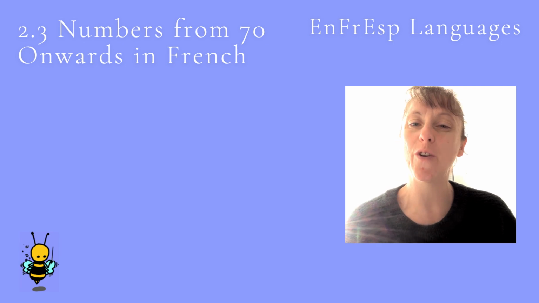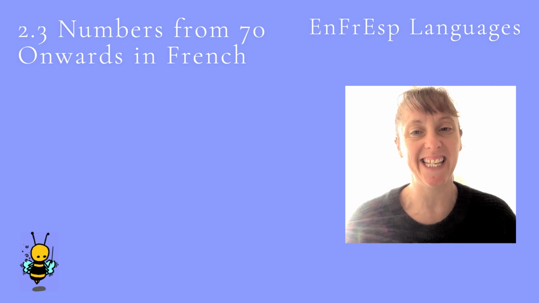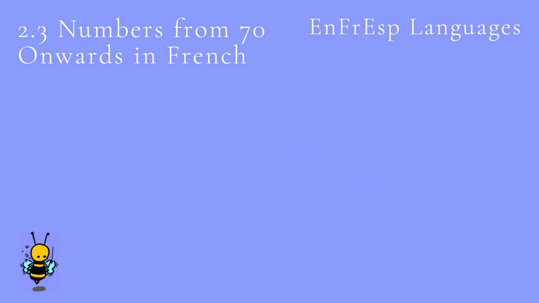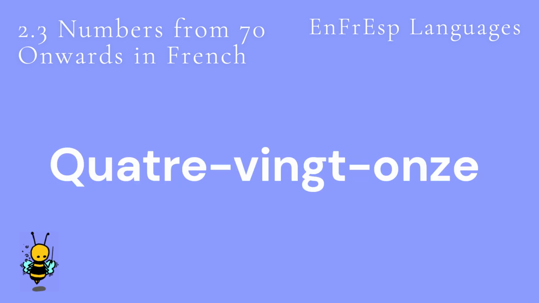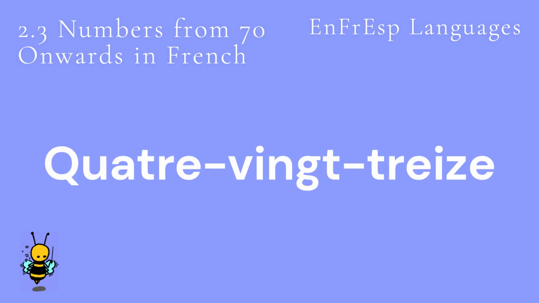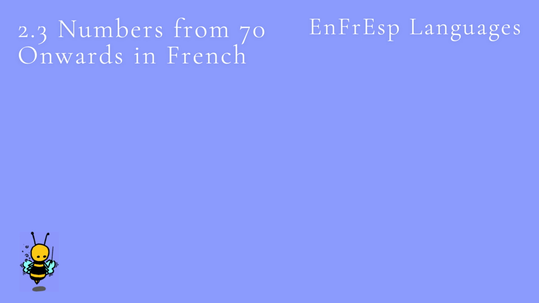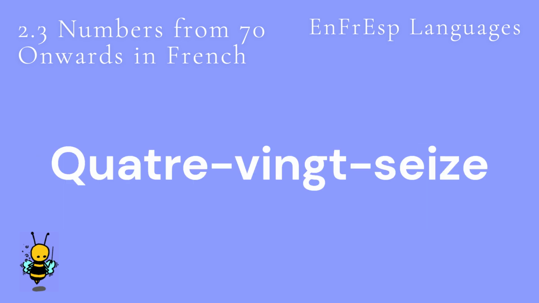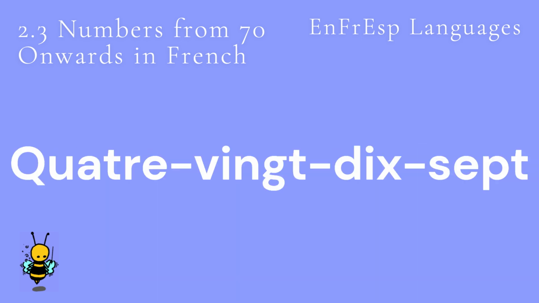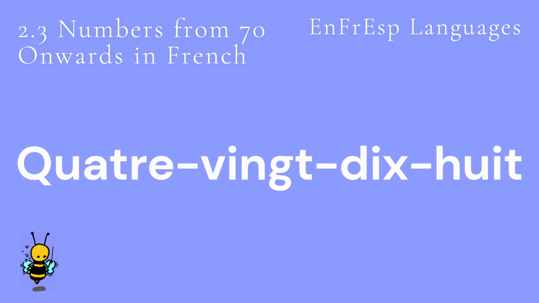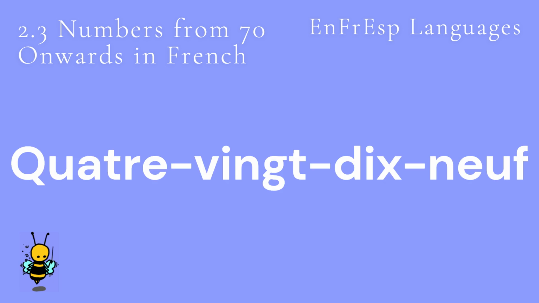So let's go through numbers 90 to 99. 90. 91. 92. 93. 94. 95. 96. 97. 98. 99.